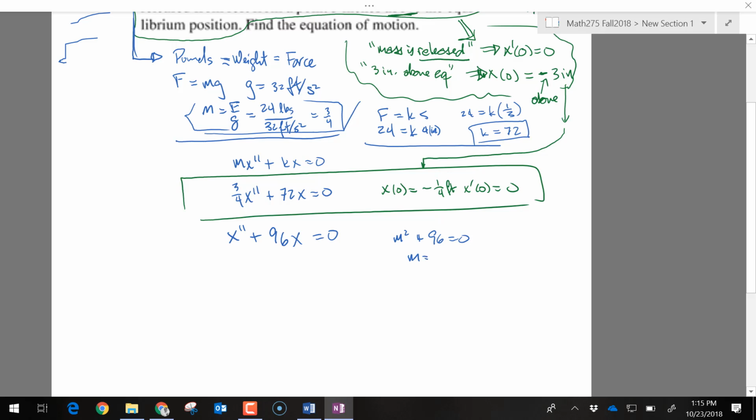So M is equal to plus and minus the square root of 96, and because when you bring it over to the other side it's a negative, we have that i business that comes out.